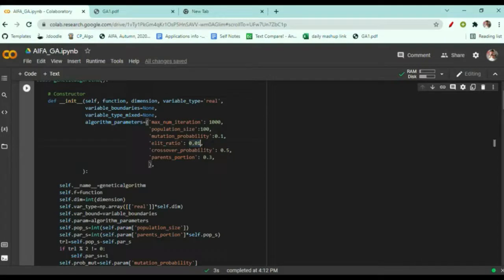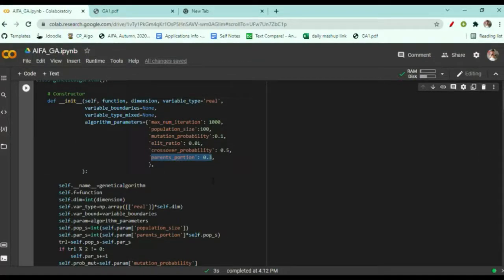It means that the top 1% fitness values in the ith generation will directly move on to the i plus 1th generation. Parent portion means that 30% of the ith generation will move on to the i plus 1th generation. Now the difference between elite ratio and parent portion, which here is 29%, will be randomly selected from the ith generation.